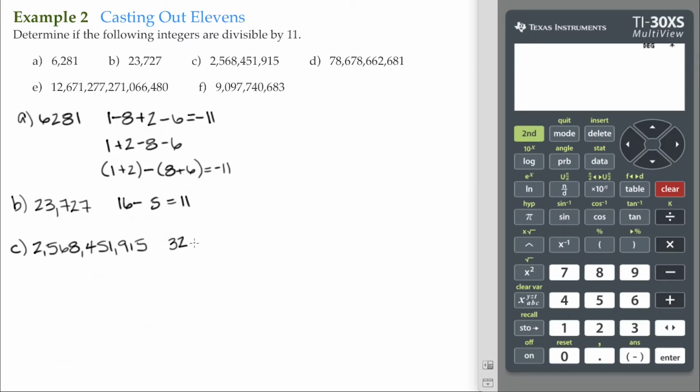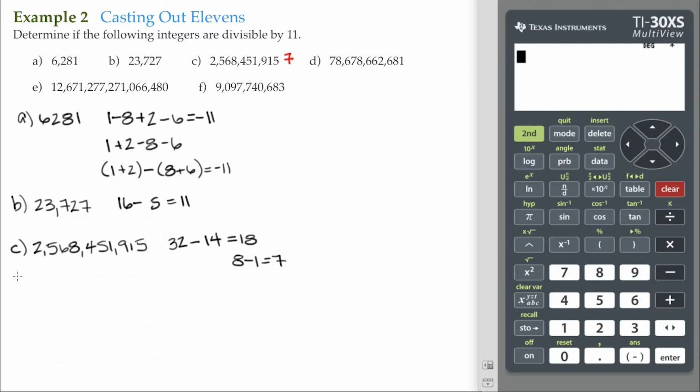Plus 2, that's 14. 32 minus 14, that's 18. 11 goes into 18 one time with 7 left over. We could also continue this process here of doing it as 8 minus 1. So 2,568,451,915 is not divisible by 11, but it will have a remainder of 7. So I'm just going to put it right up here. 7 will be the remainder.